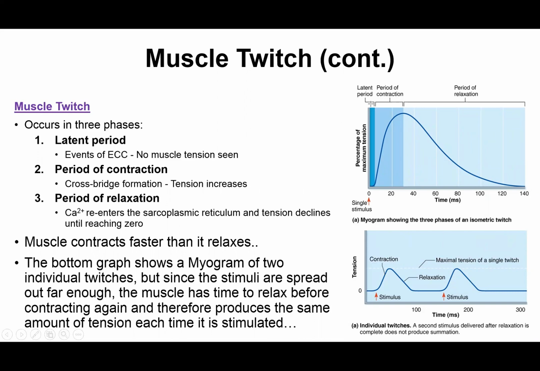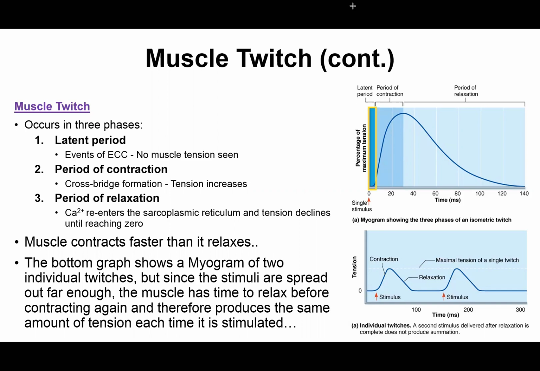And what's happening during the latent period is these are the events that are coinciding with the excitation contraction coupling. Okay, so you don't see muscle tension yet, right? First, we have to go through excitation contraction coupling.